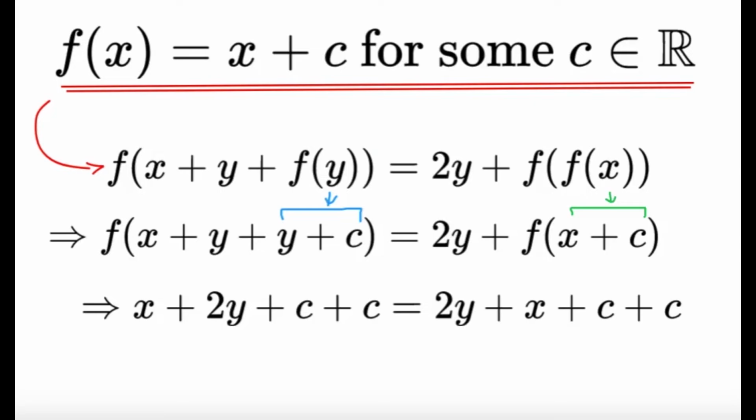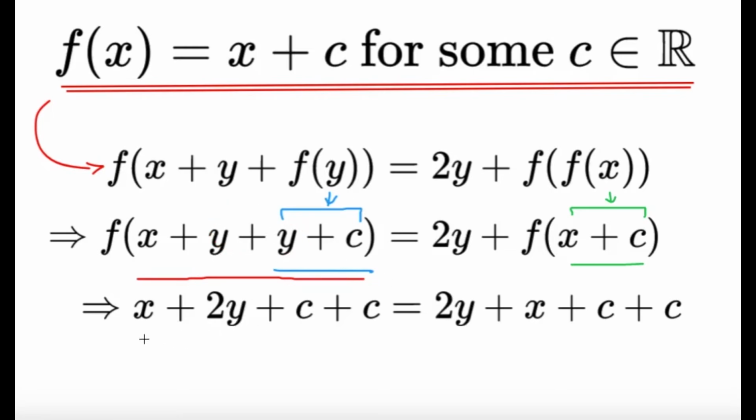But what's interesting is that if I substitute x plus c directly into the given equation, we can see here. So let's just say that f of x equals x plus c. Well, f of y over here becomes y plus c, and then the f of x over here becomes x plus c. Now we can do one step further. f of x plus y plus c is technically f of x plus 2y plus c, so we have two y's over here.